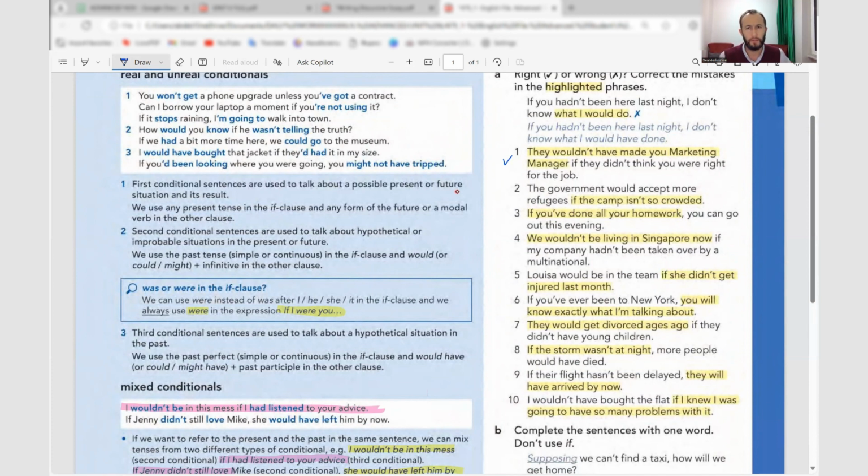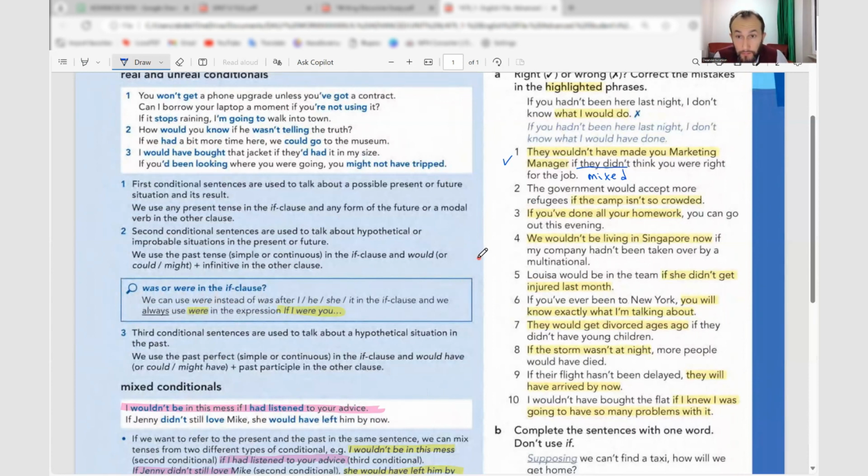Third conditional. No. They wouldn't have made me marketing manager if they didn't. It's mixed, yes, mixed. Because the first part is third, the second part is second. That's correct, yes.